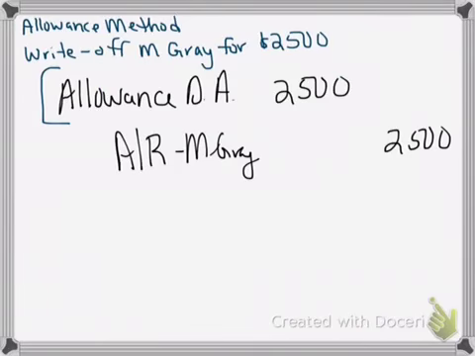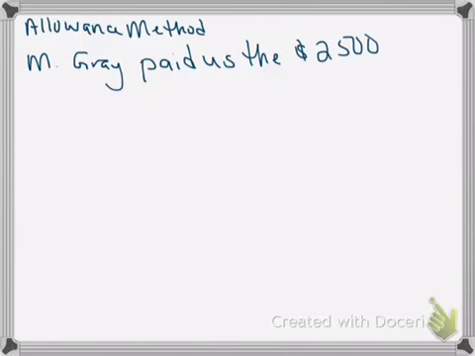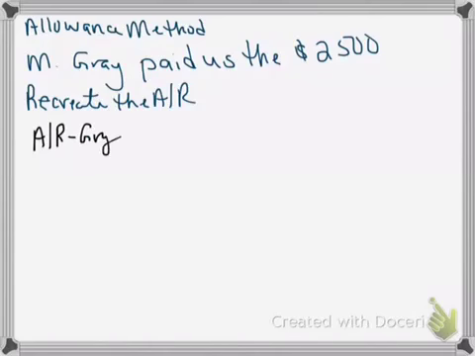Now, what happens if she pays us the amount unexpectedly? Then what we would do is we would have to recreate the accounts receivable. That's going to be step one in what we're looking at. So with that, it would be the AR M. Gray for that $2,500, and then we would put it back in that allowance account because now we haven't used it for the $2,500.